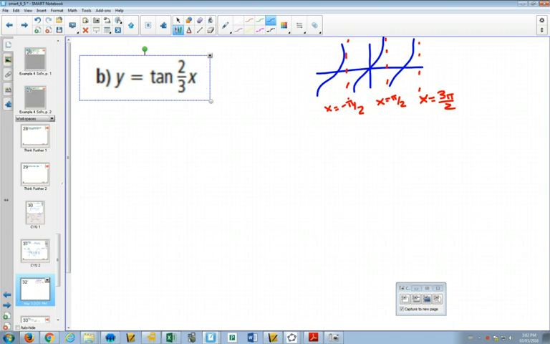So when I multiply the x values by 3/2, where are they going to be now?